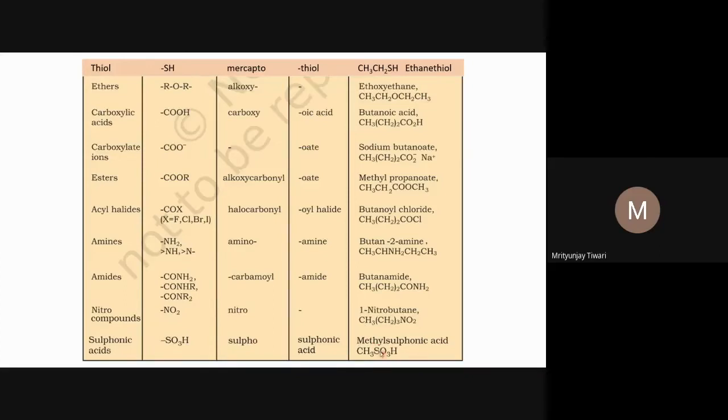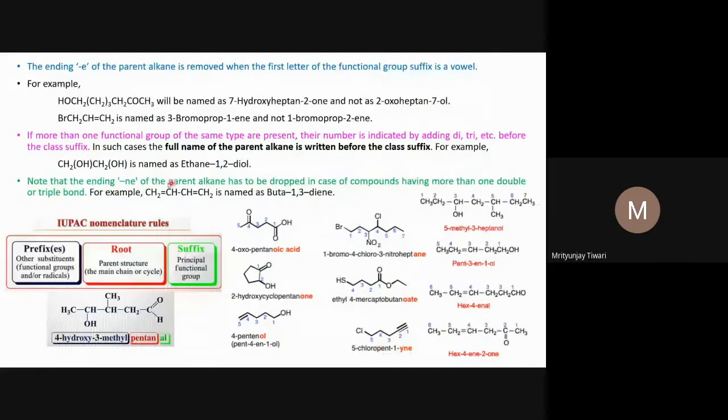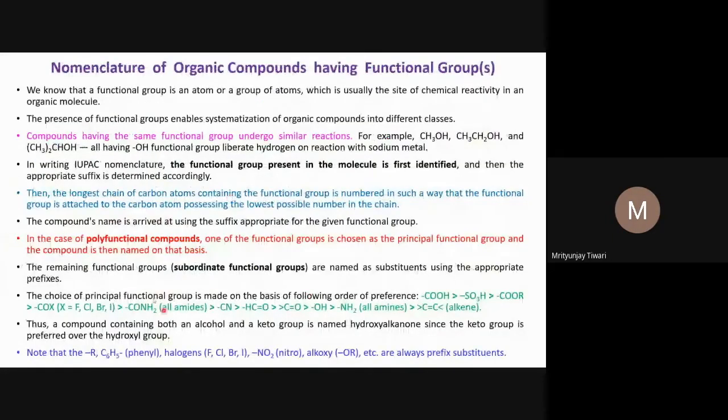So usually, these things we have already seen. Now let's see a few more examples. In the case of polyfunctional compounds, one of the functional groups is chosen as the principal functional group, and the compound is then named on that basis. And what is that basis?